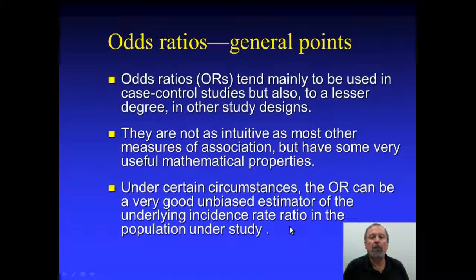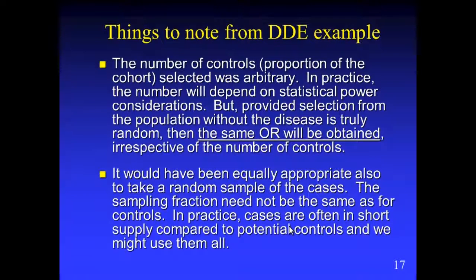In other words, if you had a lot more money and a lot more time, and you were able to carry out a cohort study, then you would expect to get the same result as you get from a case control study, which you can carry out generally, as I'll show you, in a much faster time. A couple of things to note before I move on from this DDE example.